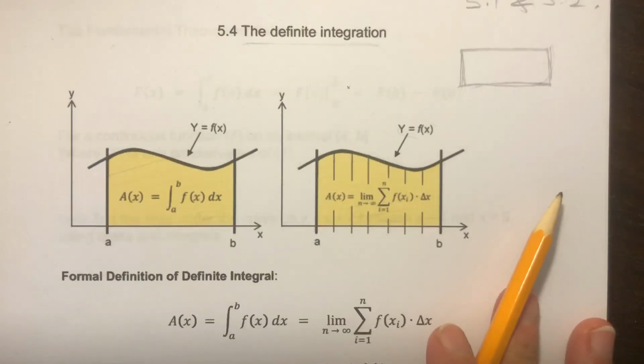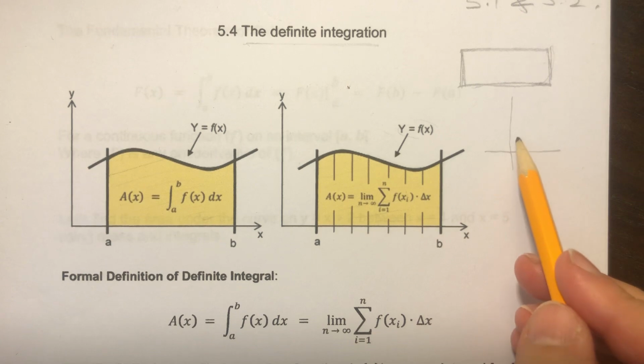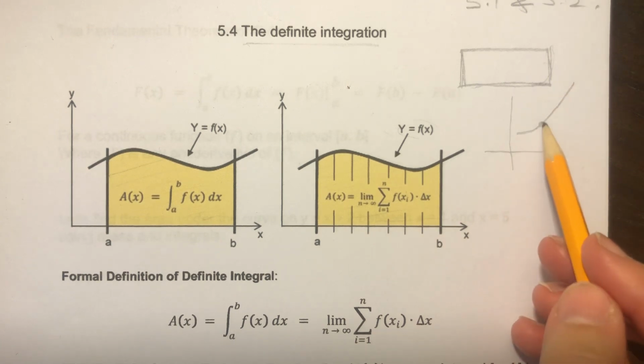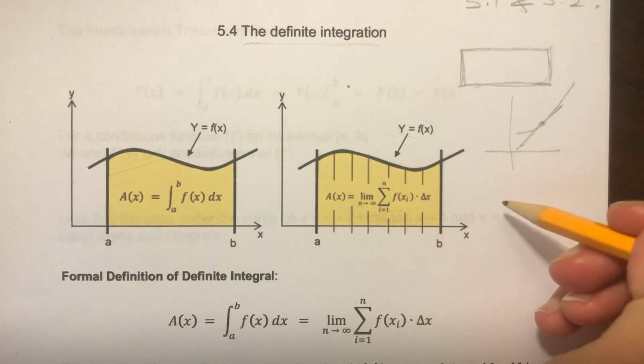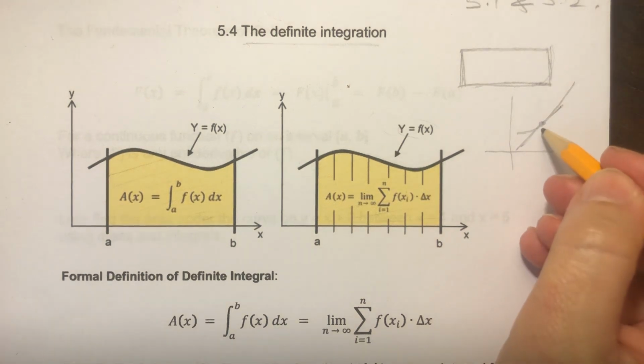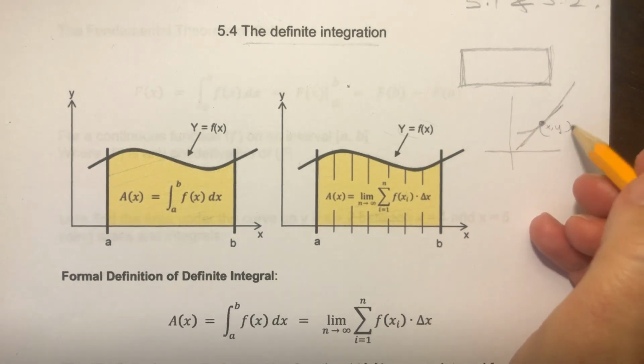Remember how in chapter 1 we talked about how to find the slope of the tangent line at a point? We can't find the slope at a point only because it's just one point, and you can't find a slope with just one point.